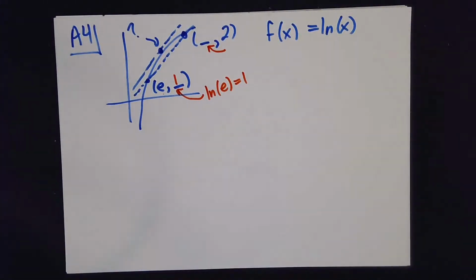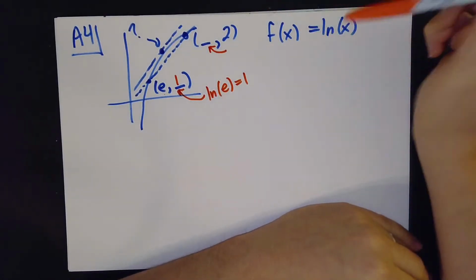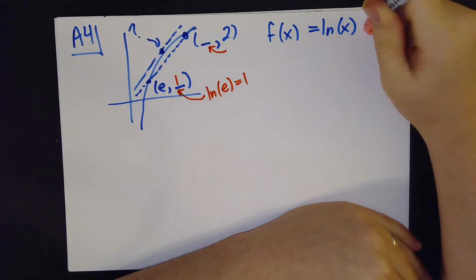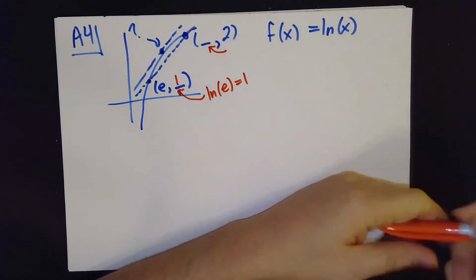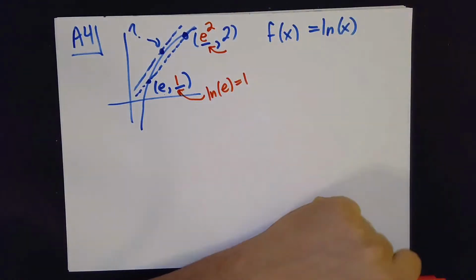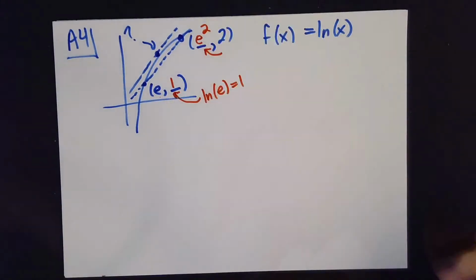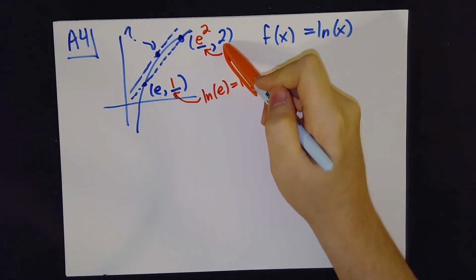Up here, we want the input that corresponds to an output of 2. So in other words, what number could I put into natural log of x that would give me out 2? And so that number has to be e squared. Okay. So that will fill in these 2 points.